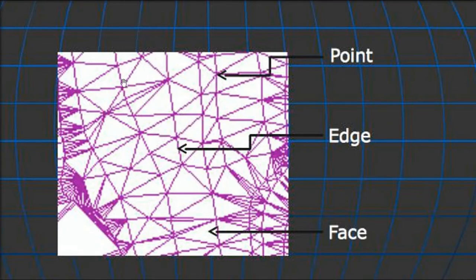There are small triangles, there are bigger triangles, depending upon the variation of height or relief, and they are combined and have different sizes. First they are triangles, then they have different sizes. So that is irregular, and since they are connected, this is a network. This is the basic form of the terrain which we make, and then we drape the image. We drape so that the actual real scenario is achieved.